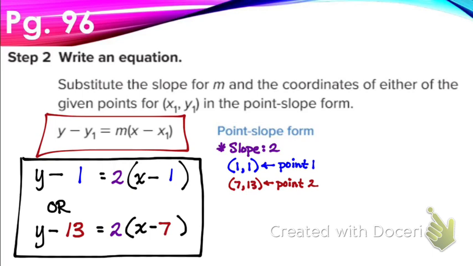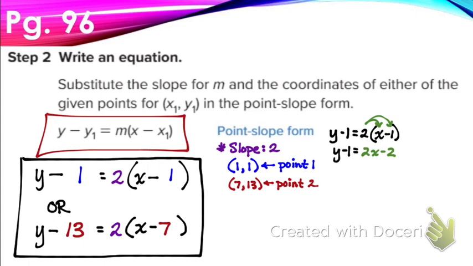Are these describing the same line? Yes, let's prove it. Y minus 1 equals 2 times X minus 1. I'm going to take this 2 and distribute it. So I'd have 2X minus 2.